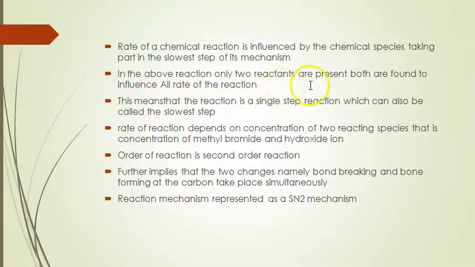This means that the reaction is a single step reaction, which can also be called the slowest step. The rate of reaction depends on the concentration of the two reacting species, that is the concentration of methyl bromide and hydroxide ion. Therefore, the order of this reaction is second order.